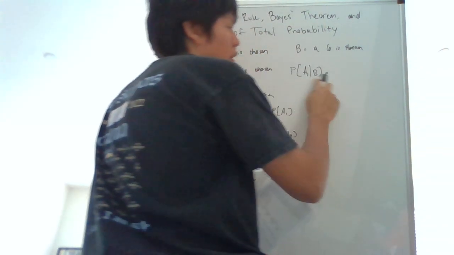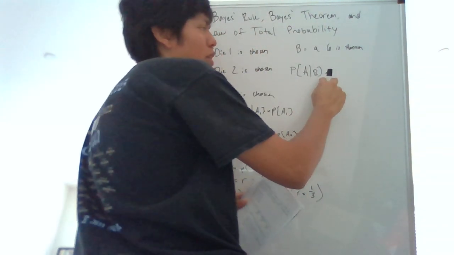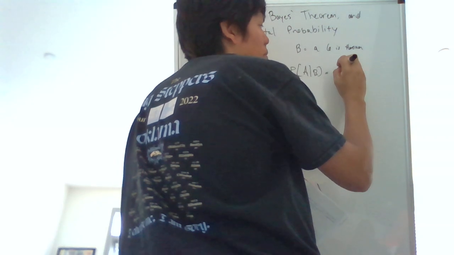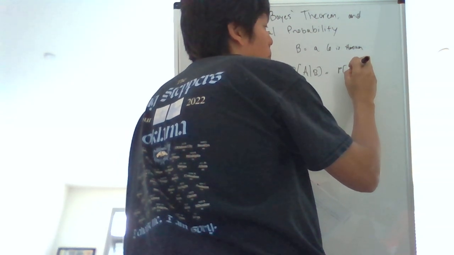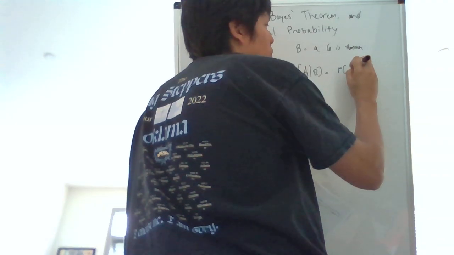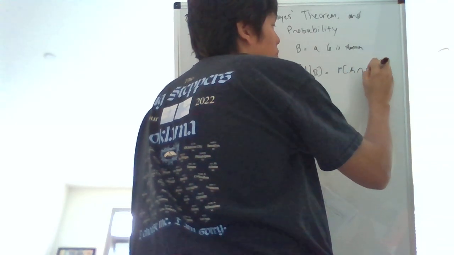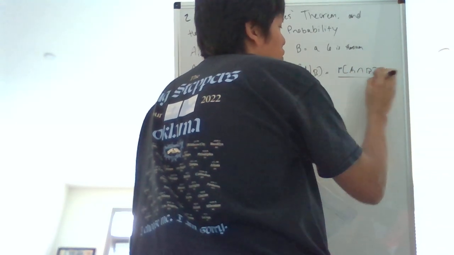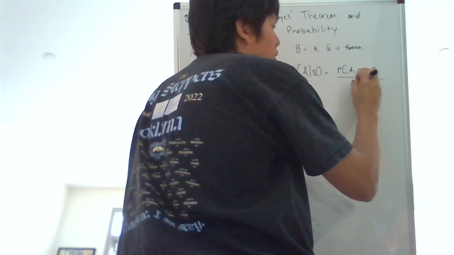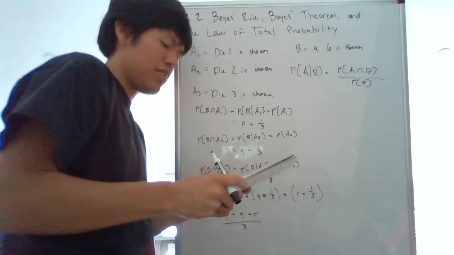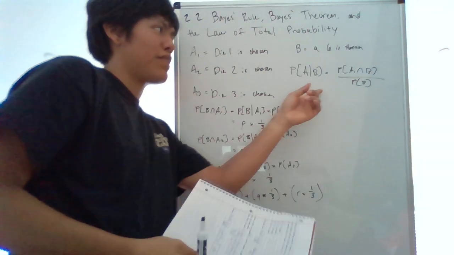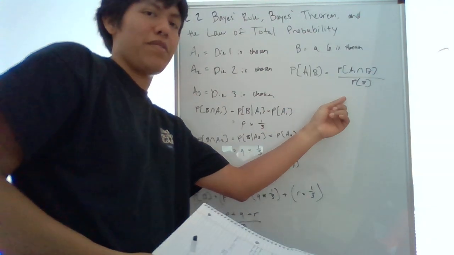The probability of A sub 1 given B is equal to the probability of A sub 1 intersect B over the probability of B, because that's just Bayes' theorem.